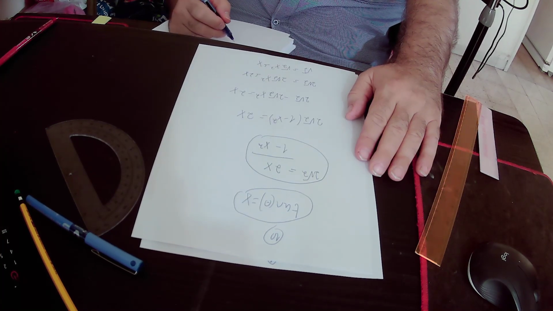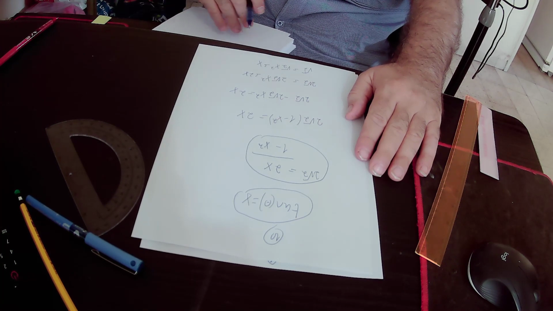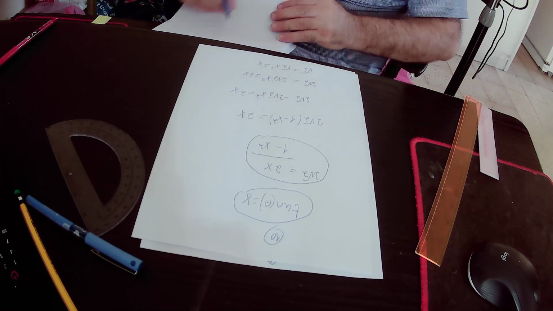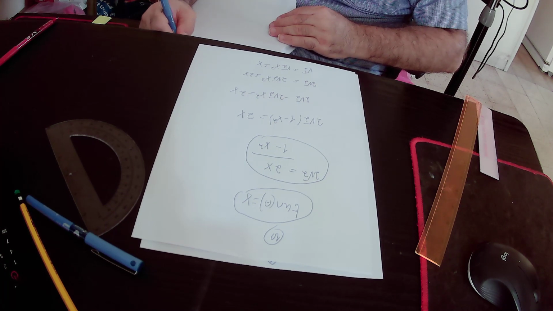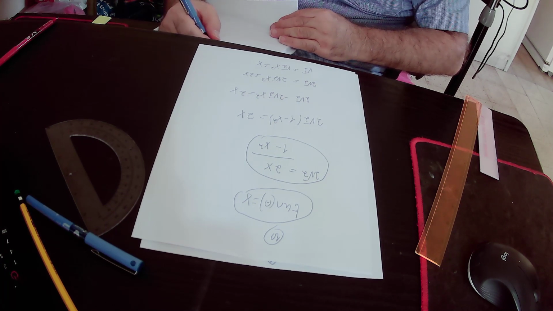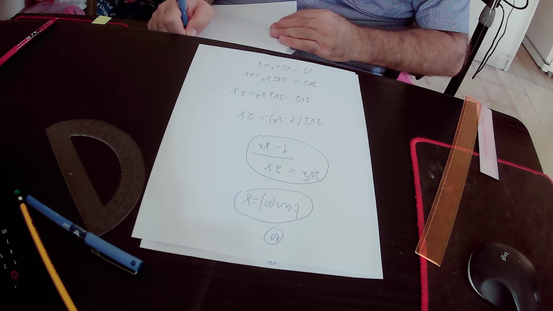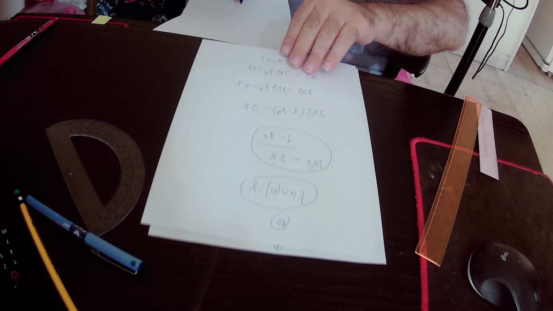Here we will subtract root 2 from this equality and we will get that root 2 x squared plus x minus root 2 equals 0. So we got a quadratic equation.